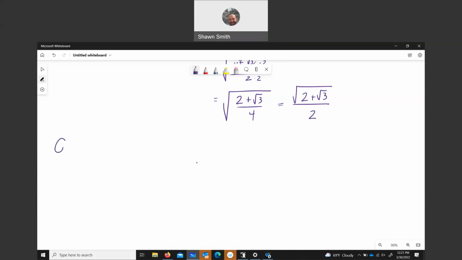All right, let's say given the sine of theta is a negative square root of 5 over 3, and theta is in between 3 pi over 2 and 2 pi.